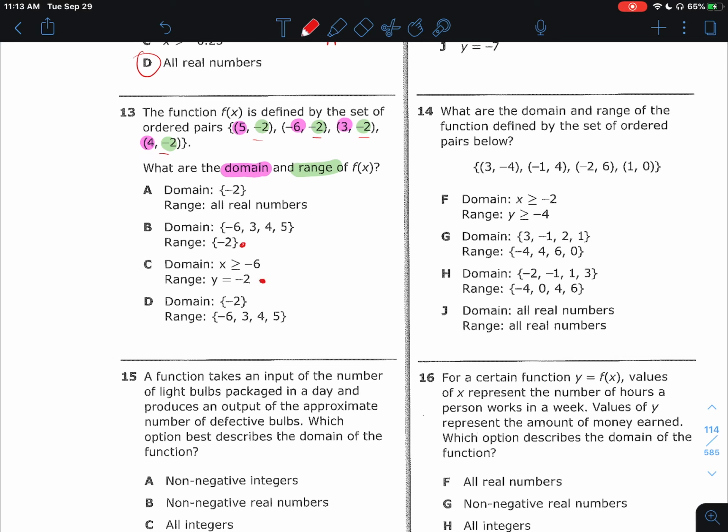And no. All right, so we can eliminate these guys. Okay, let's look at the domain. 5, -6, 3, 4. So it should start with the -6. Okay, so it looks like that one. It cannot be this guy because it's not a continuous function. This is a set of points. The answer choice is B.